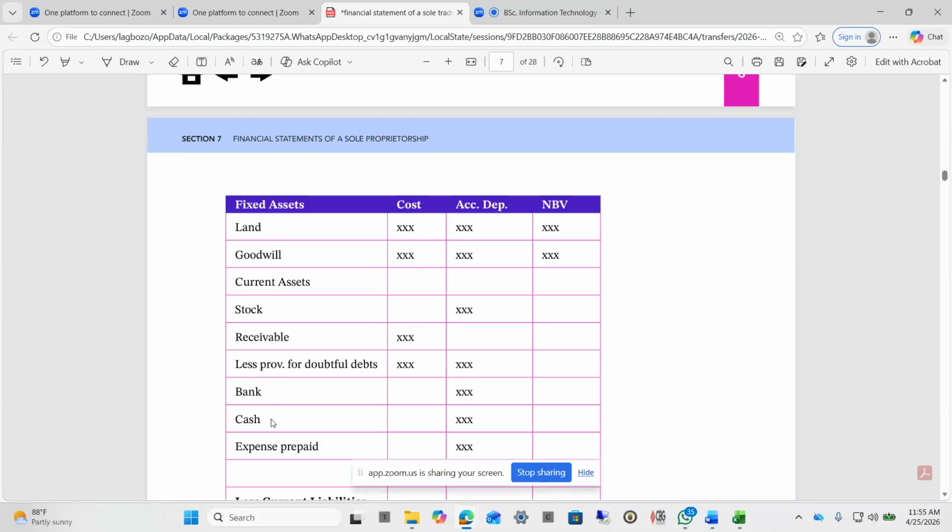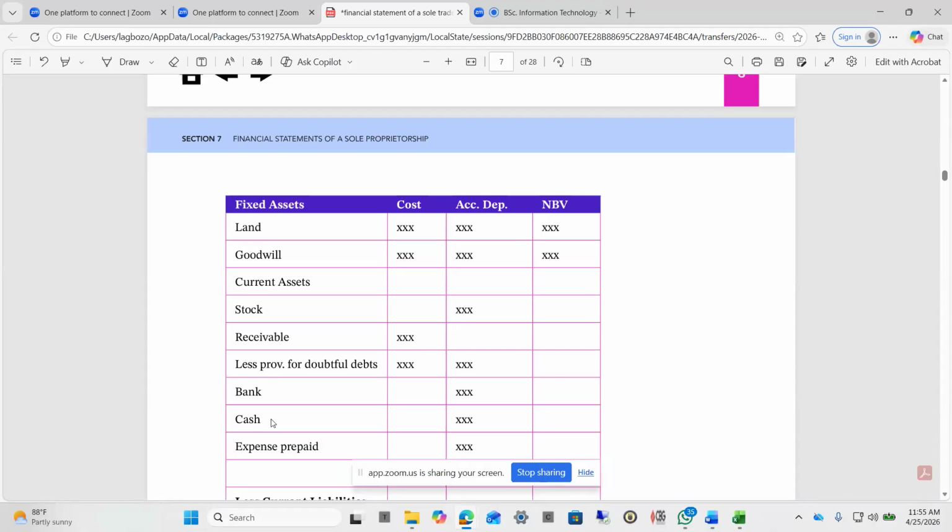Then if you pay somebody in advance, if you make any payment in advance, that money that you have paid in advance is also your asset. For instance, you live in somebody's room, you rented it for 1 year, but you've paid 2 years in advance.